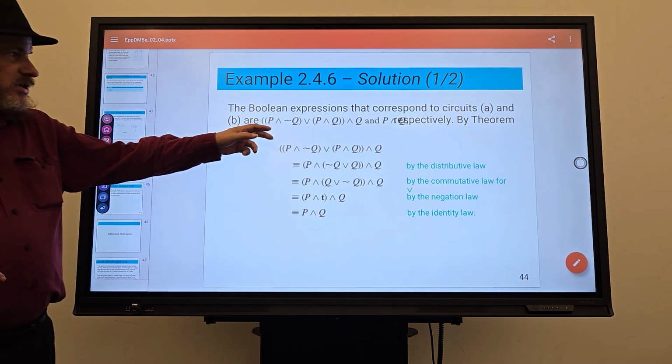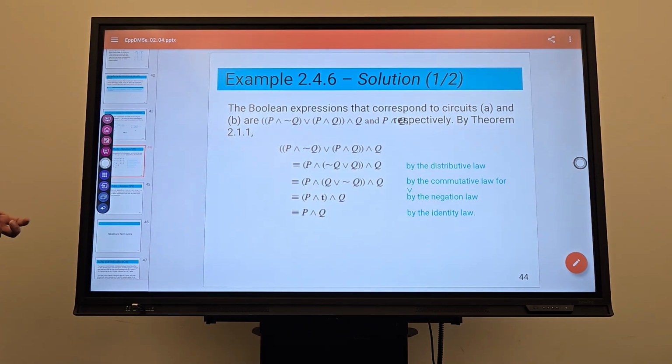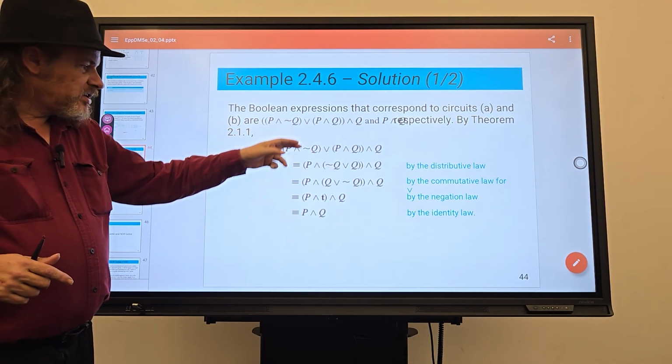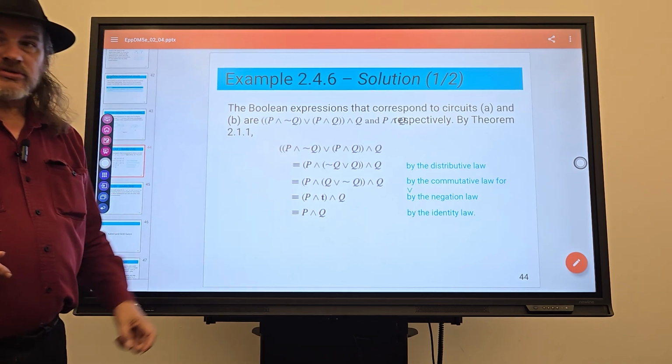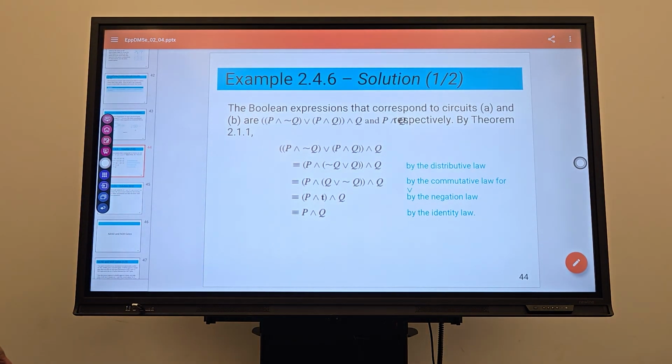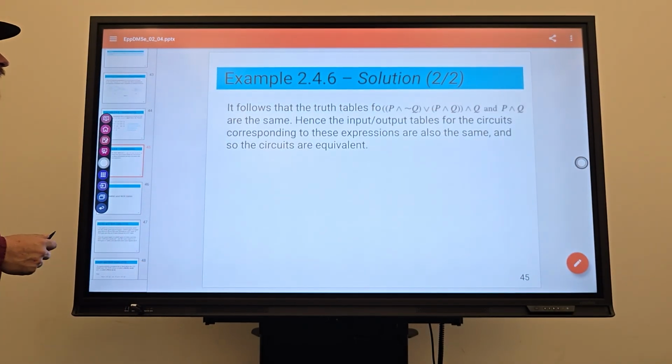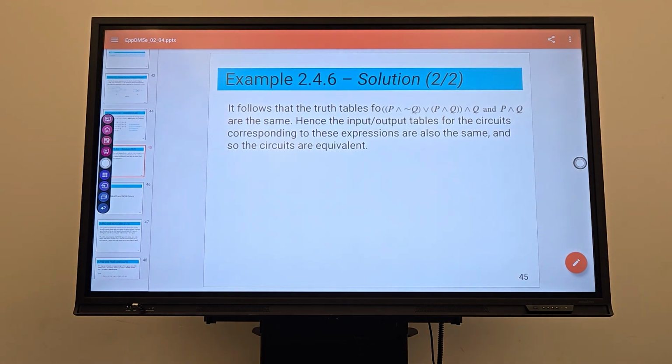And you've used what's called Boolean algebra to demonstrate that this expression is equivalent to that expression, and therefore a simpler circuit.